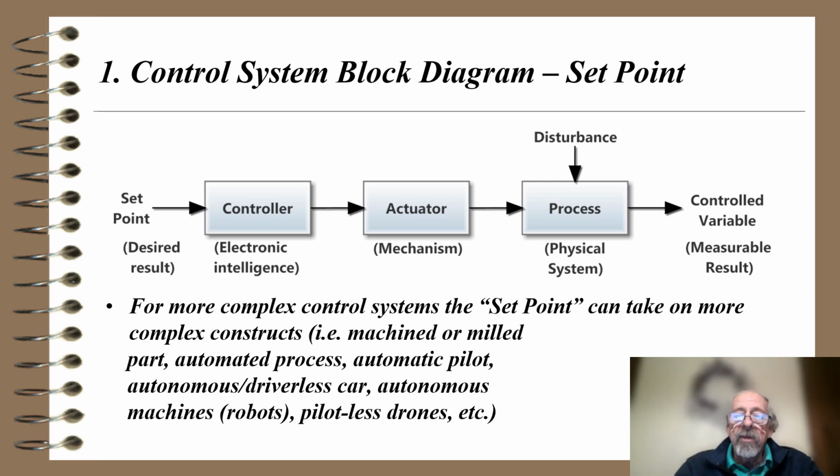It could be a machined or milled part, an automated process, an automatic pilot, autonomous driverless cars, autonomous machines like robots, pilotless drones, and so forth. So again, maybe the set point is you launch a drone, and the drone comes back to where it was originally launched from using GPS.